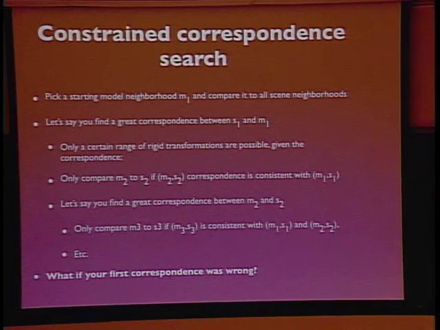One way to visualize this is that if you assume this correspondence is correct, you're going to more or less staple that point of the object to that point in the scene. Or not staple, but you kind of chain them together. So you know that those points have to correspond to each other, and the range of possible transformations from the object to the scene has then been constrained.